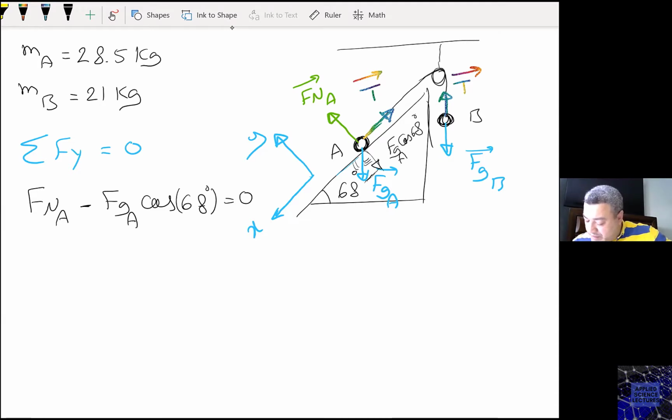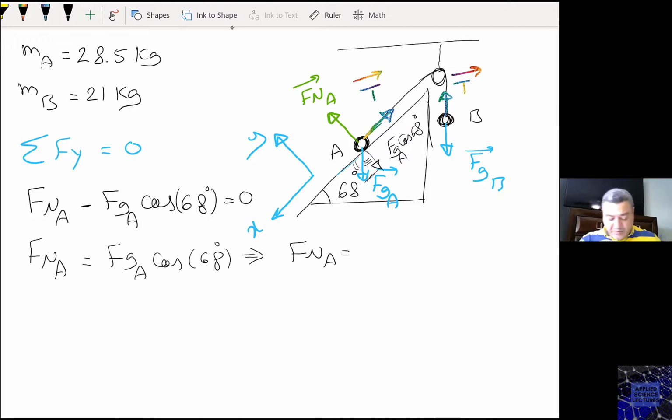I need FNA, so FNA equals FGA cosine 68 degrees. FGA is MAG times cosine 68, 0.37.